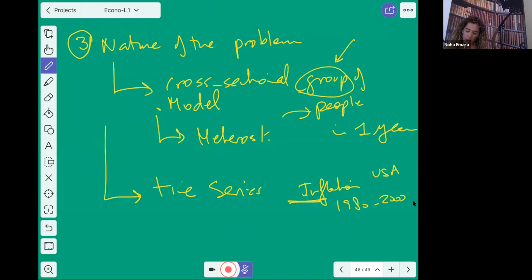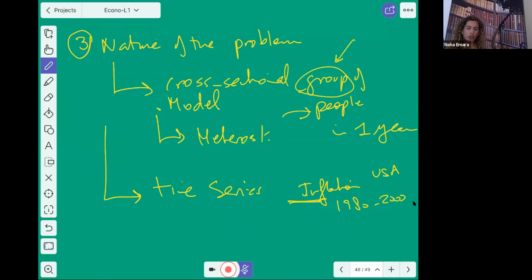So most likely, if the nature of the problem is related to a cross-sectional model, then it's heteroskedastic. Time series, most likely it's homoskedastic. But again, I'm saying most likely, so we have to test, okay? Which is the next point that we're going to talk about, which is actually the most important point, which is performing a formal test.